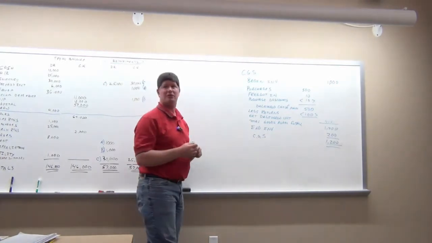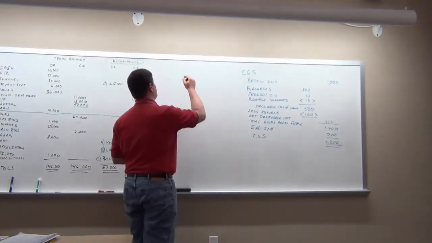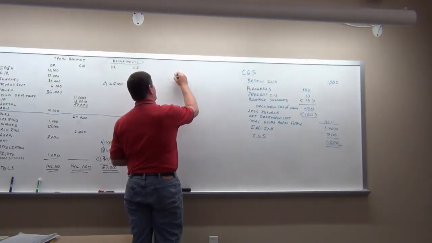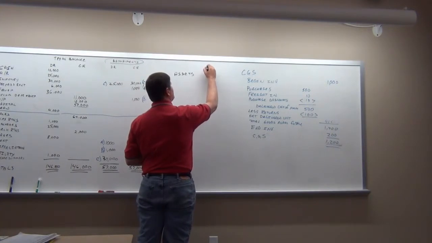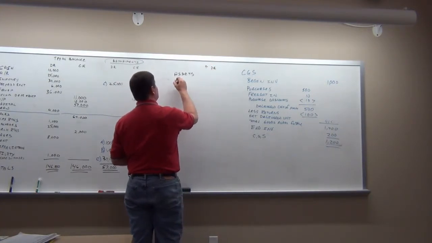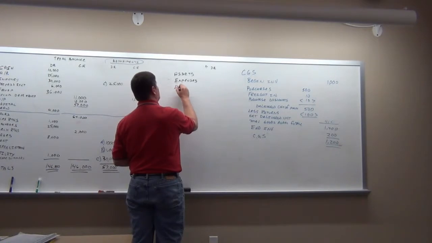So let's make it simple. Which accounts increase on the debit side? Assets, expenses, and draw.